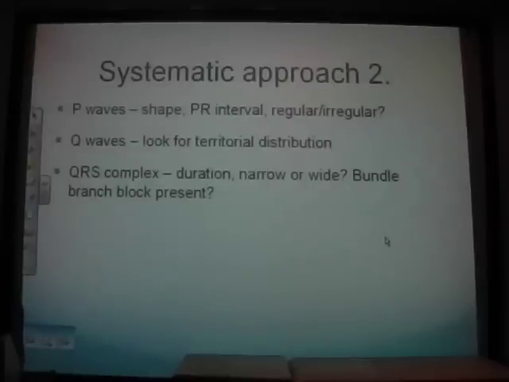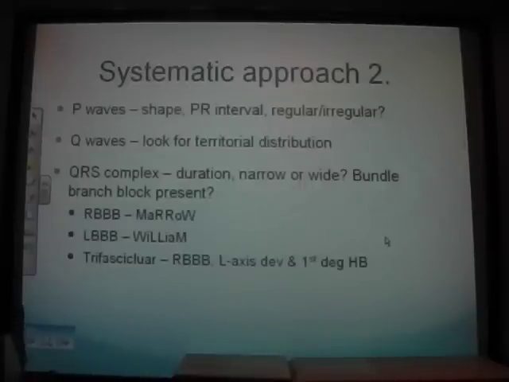What pattern you might see? You get a W in V1 and an M in V6. Right bundle branch block is the opposite. And trifascicular block is right bundle branch block with left axis deviation and first degree heart block.